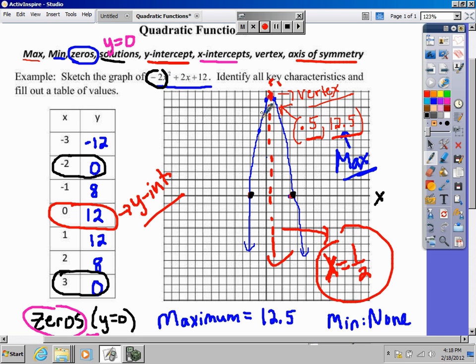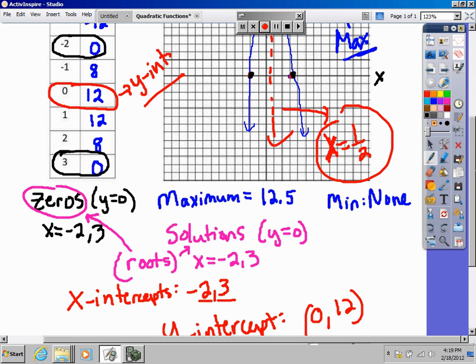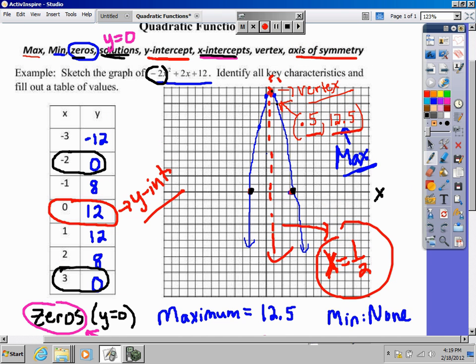You have to have it as an equation, but it would be a vertical line that goes through the vertex. Remember, the vertex was 1/2, 12.5. So there's our parabola. Remember, because the number in the front was negative, it's going down. And because it's a -2, it's a little steeper than it normally would be if it was just a -1. It actually goes down 2 over 1 to get to the first point from the vertex that we see.